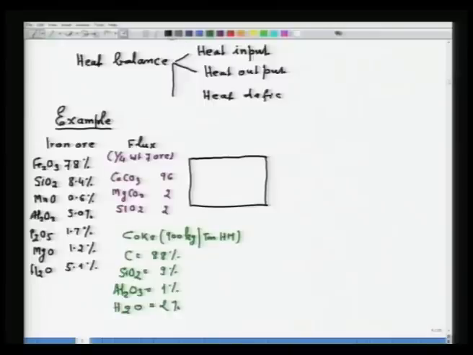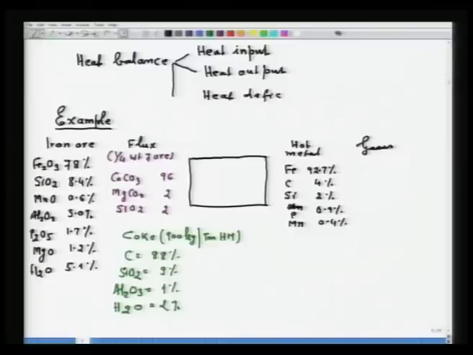Now, on the output side we have hot metal. Hot metal contains iron, carbon, silicon, phosphorus and manganese: iron is 92.7%, carbon 4%, silicon 2%, phosphorus 0.9% and manganese 0.4%.